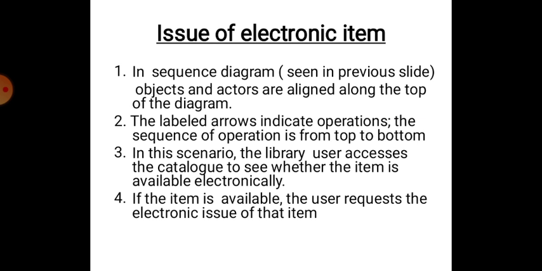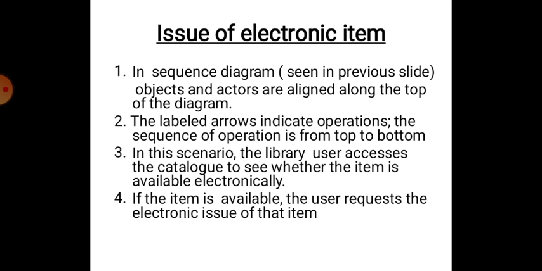So students, in the figure, the arrow marks indicate operations, and the timing is from top to bottom. First is the lookup and last is the delivery. In this scenario, the library user accesses the catalog to see whether the item is available electronically. So the library user checks in the catalog whether such an item is available electronically.